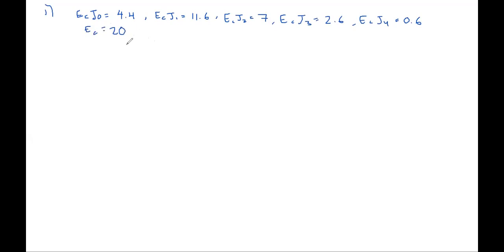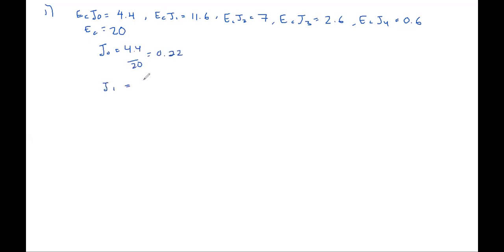From all this information of our carrier and sidebands amplitude, we can find the modulation index from the Bessel table. So what is J naught? 4.4 divided by 20 is equal to 0.22.